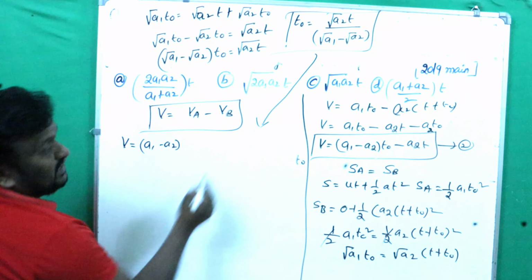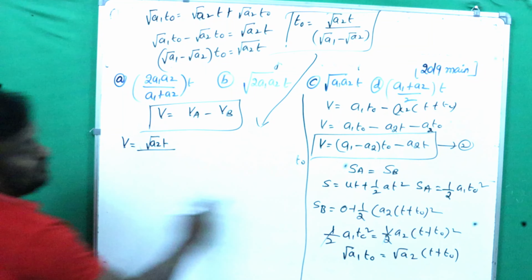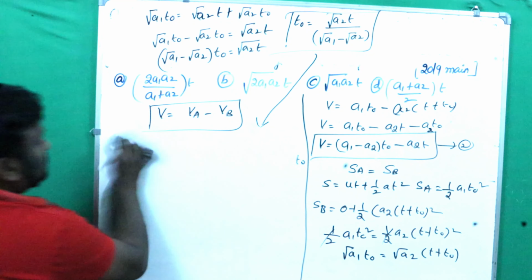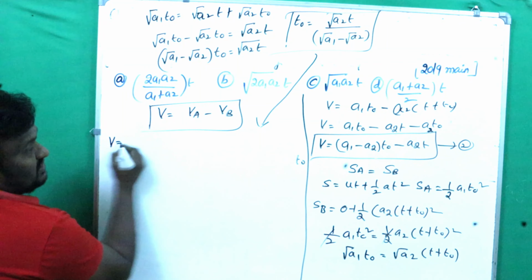So again I am going to write, first v is equal to (a1 minus a2) into t0, where t0 is root a2 t by (root a1 minus root a2). Clear? So minus a2 into t. So dear children, (root a1 plus root a2) into (root a1 minus root a2): what is it? a² minus b² formula.